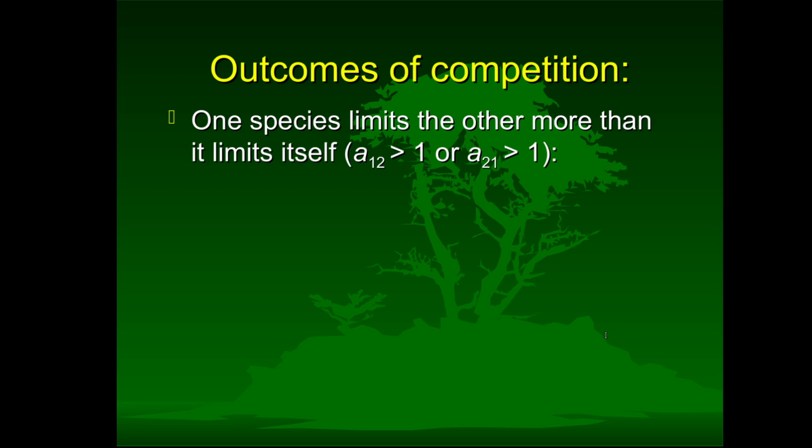Okay, for simplicity, assume that K1 is K2, both carrying capacities are the same. If one species limits the other species more than it limits itself, in other words, either competition coefficient is greater than 1, then exclusion can occur.